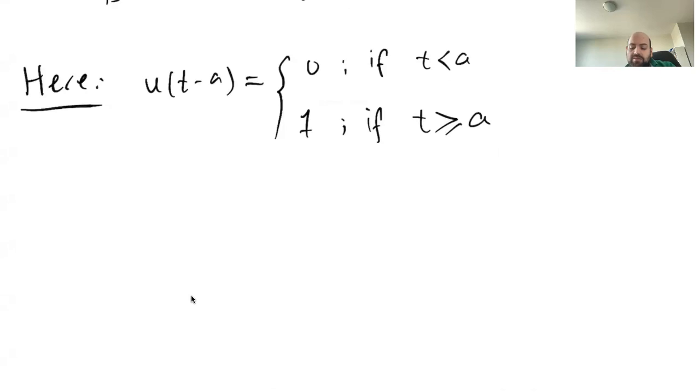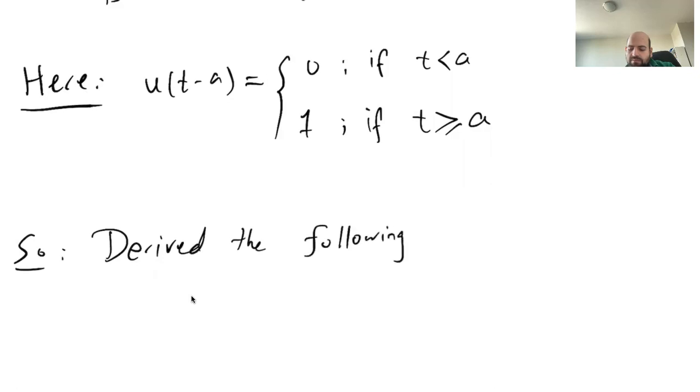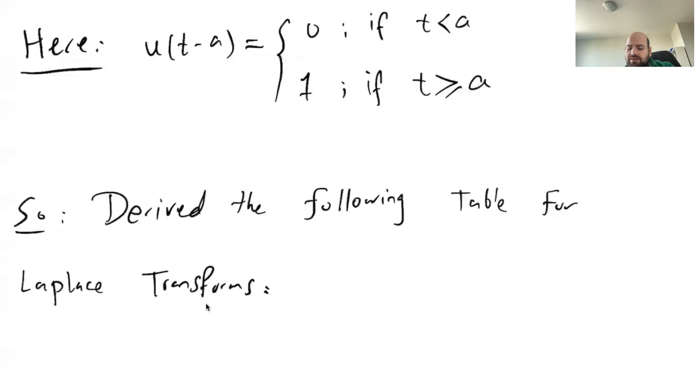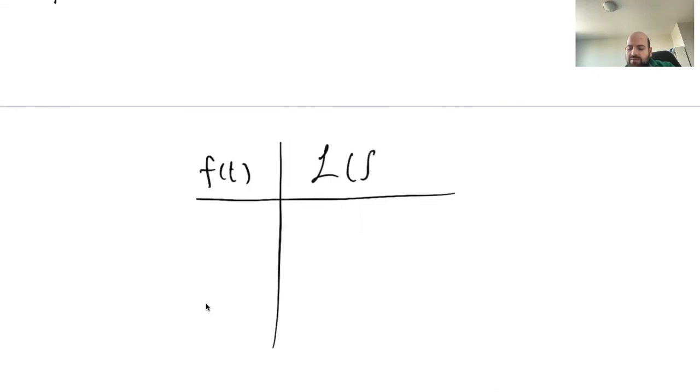So in summary, we derived the following table for Laplace transforms. Our table had two columns: f of t, and the Laplace transform of f of t, which is also denoted with capital F of s.